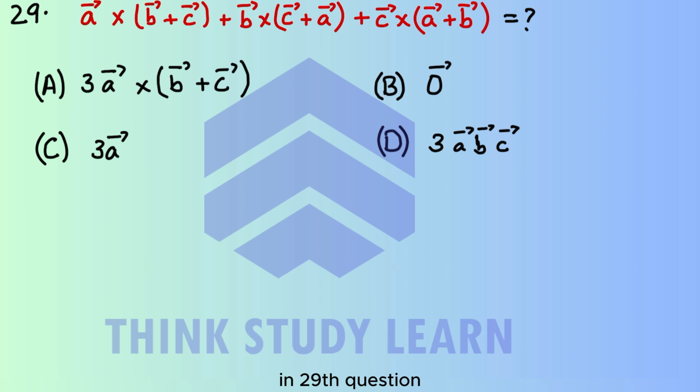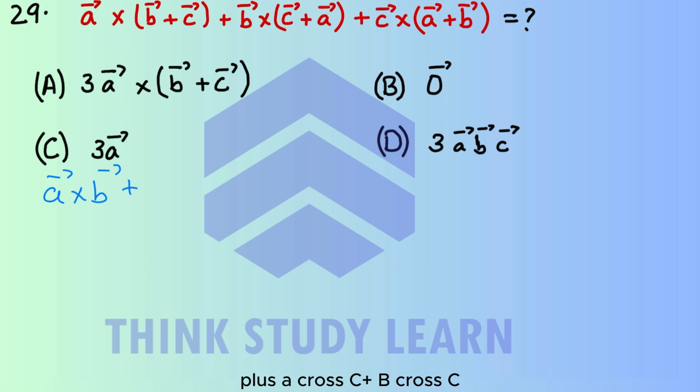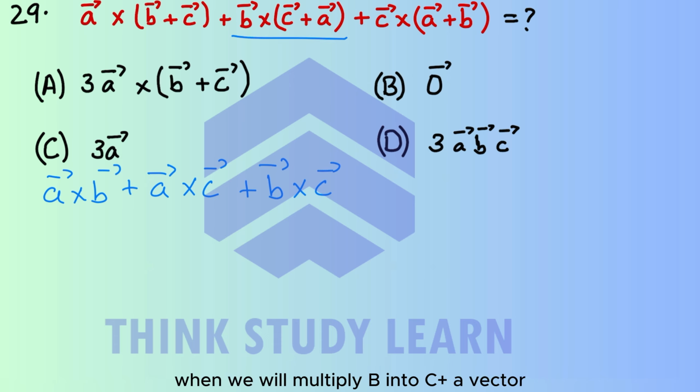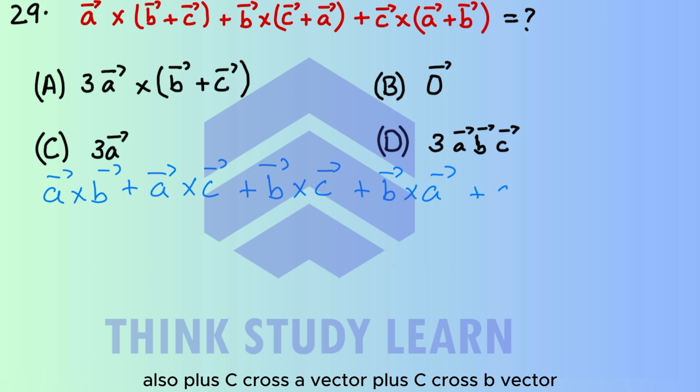In the 29th question, we have to find the solution of the vectors a, b and c when multiplied. So we will simply multiply all the vectors: a cross b plus a cross c plus b cross c. When we multiply b plus c with a vector, we get b cross c plus b cross a. Similarly with this vector also, plus c cross a plus c cross b.